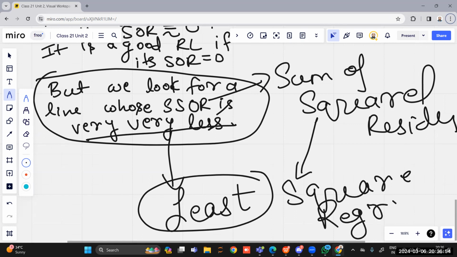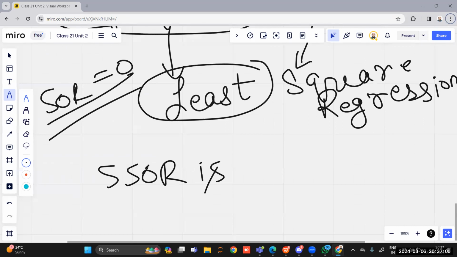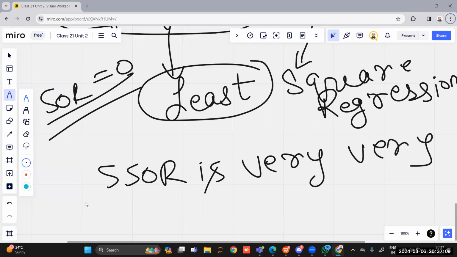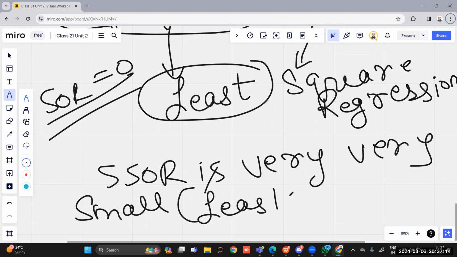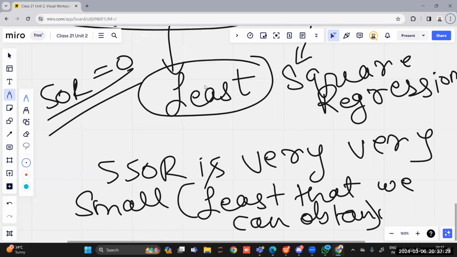So in regression, we will see that the SOR is near about 0, but the SSOR is very small. Very small means the least that we can obtain. So it will be least square regression. This is least square regression.